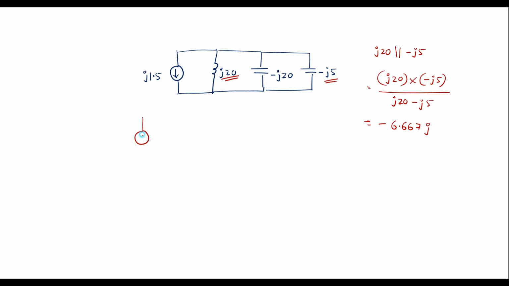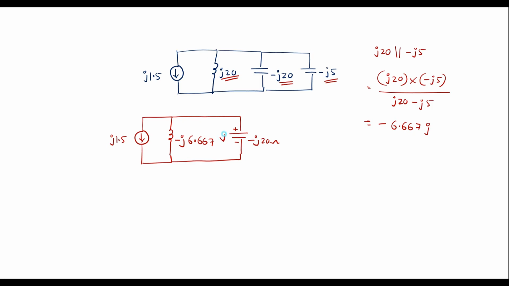Here we have current source of J1.5 and here the equivalent value is minus J6.667. This is kept as it is. This is minus J20 ohm. In the question it is given positive, negative, and this is VC. So now we have to find VC.